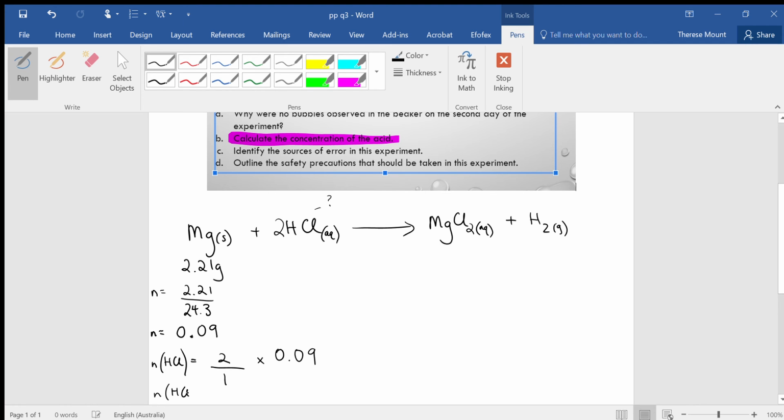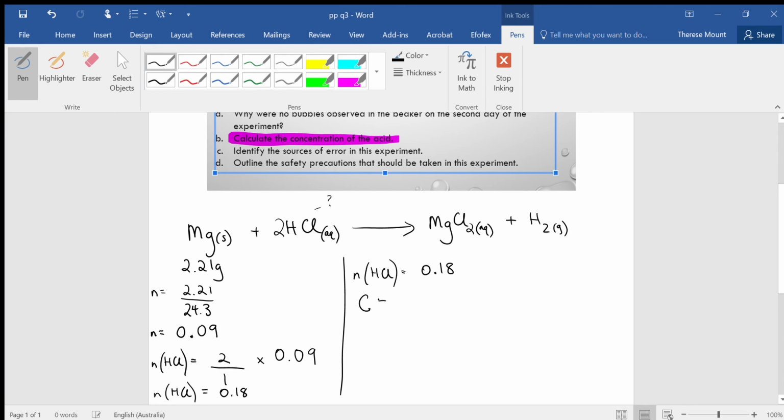So the moles of hydrochloric acid which have reacted is double 0.09, which is 0.18 moles of hydrochloric acid.